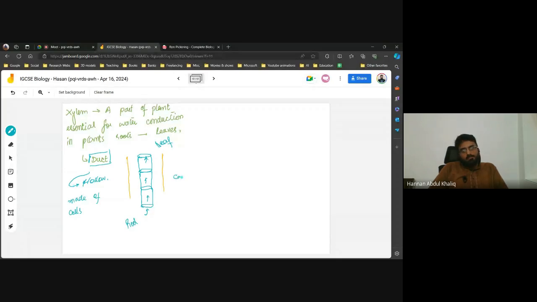Suppose that this is one cell, this is another cell, this is another cell. These are three cells that are arranging above each other to become the xylem vessel. So if they are arranging above each other to become the xylem vessel, then there must be something that makes them hollow.